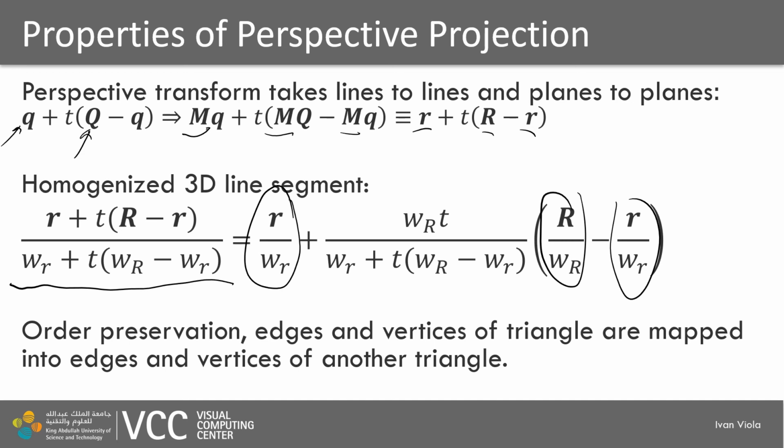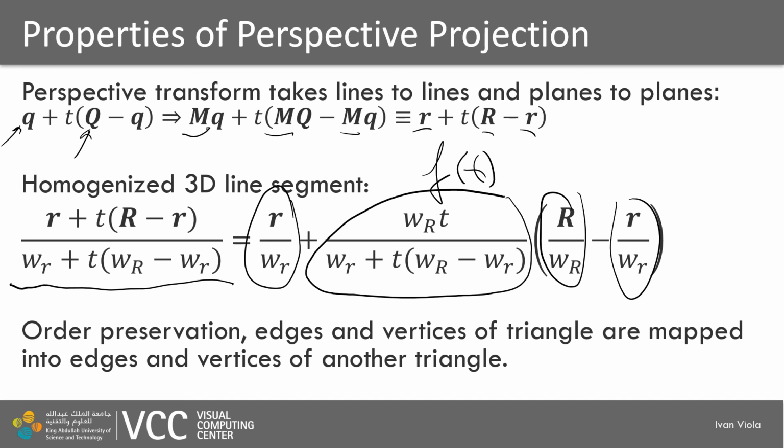However, instead of a t, we will have here some kind of a function of t, f(t), which is a rational function. Our t appears both in the numerator as well as in the denominator.